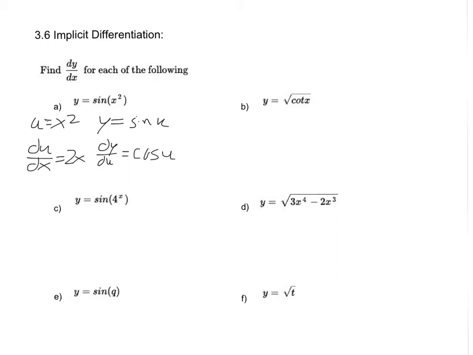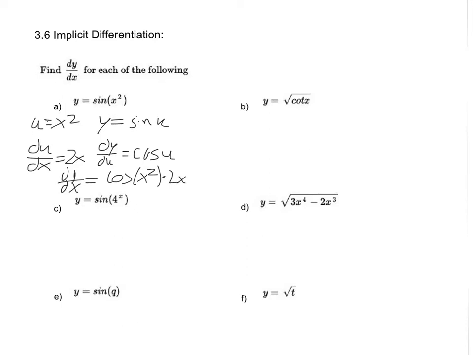Multiply those together and substitute back in, and we get dy dx is equal to cosine of x squared times 2x.